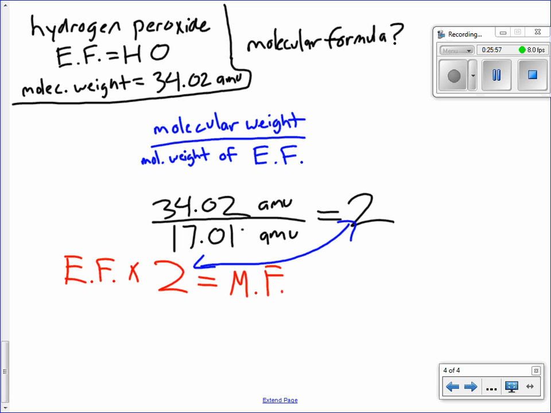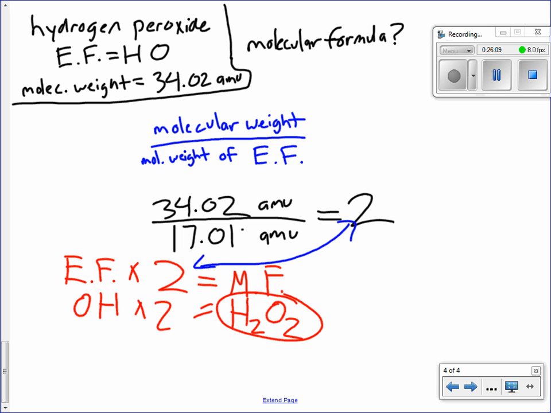So our empirical formula was OH times 2 gives us, and we're going to write it this way, H2O2. So this is hydrogen peroxide, which you may or may not be familiar with at this point. So that's how to calculate the molecular formula from an empirical formula. And I'm going to give you guys one example to go through, and then we will be done.